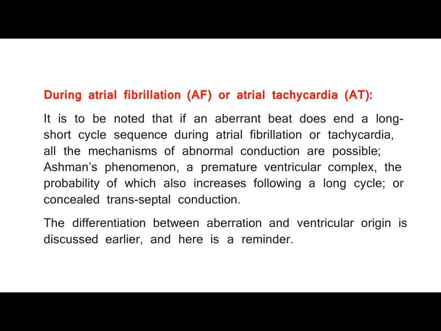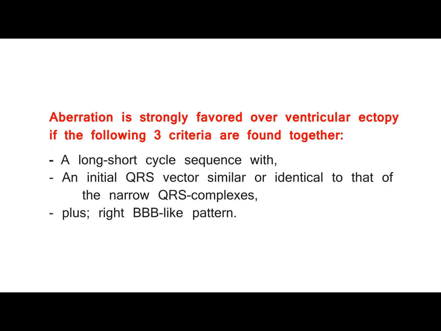The differentiation between aberration and ventricular origin is discussed earlier, and here is a reminder. Aberration is strongly favored over ventricular ectopy if the following three criteria are found together: a long-short cycle sequence, an initial QRS vector similar or identical to that of the narrow QRS complexes, plus right BBB-like pattern.